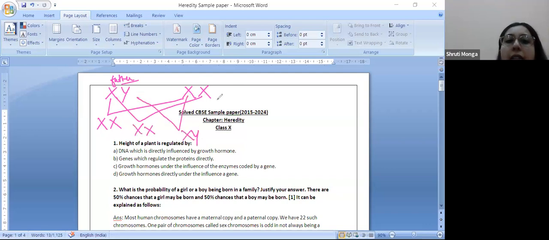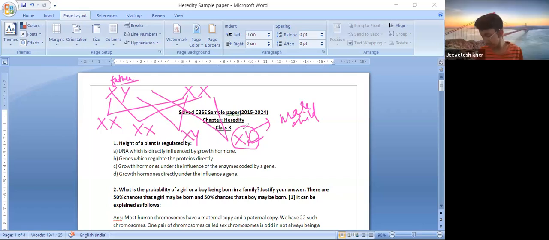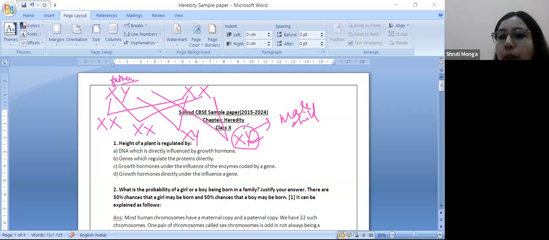Mainly, if the father is giving the Y chromosome to the X, it will result in the male child. The female is anyway giving only X because she has X chromosomes, right? But the male or the father has the XY set of chromosomes.